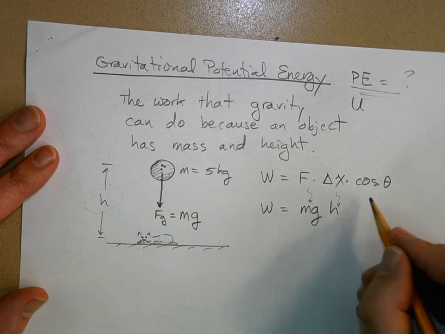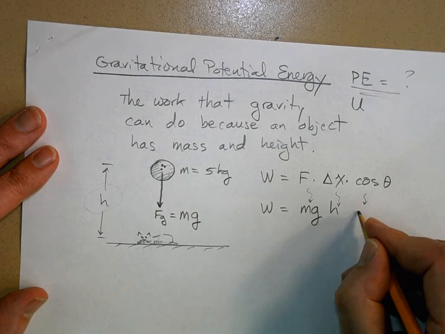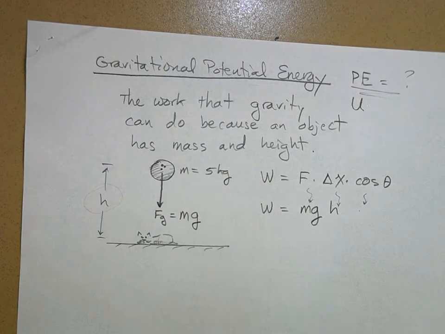Now, times the cosine of, now, let me ask you this. If I release the bowling ball, it's going to fall down. So the direction of the displacement is down. The force is down, right?